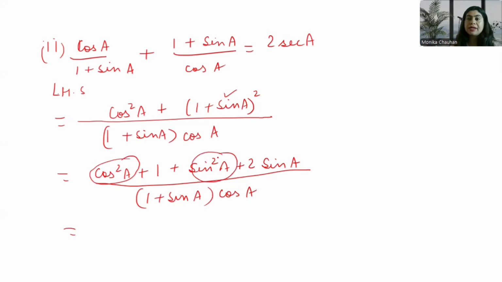Now my trigonometric identity, sine square theta plus cos square theta is equal to 1. So I can write them together and make it as 1. Let me write it together so that it's easy for you to understand.